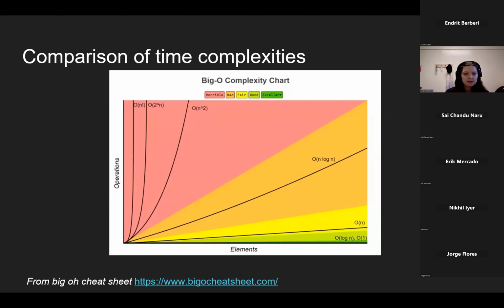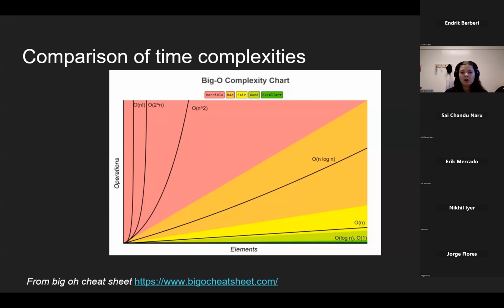This is some comparison. We generally do not like algorithms that are in the red area, or growth rates that are in the red area. So n factorial, horrible, grows horribly fast. We don't want that. Optimize it any way you can. 2 to the n, so any exponential function, it's pretty bad. Any polynomial of n of a higher degree than 1, bad.